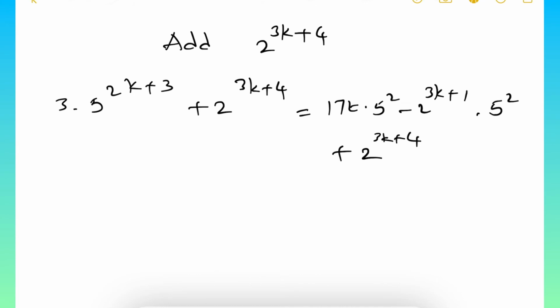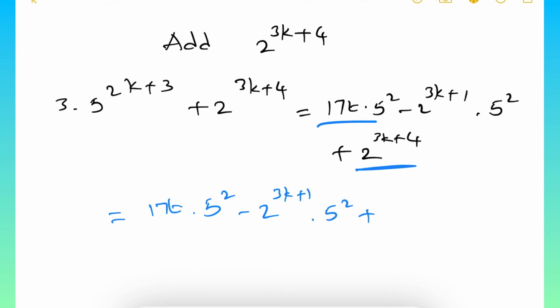Okay, now this is the LHS which we need to get, so I got it already. I don't have any work with this LHS, so I can concentrate on the RHS now. In the RHS, the first term I will write as it is, 17t into 5 square minus 2 power 3k plus 1 into 5 square, plus this last term 2 power 3k plus 4.